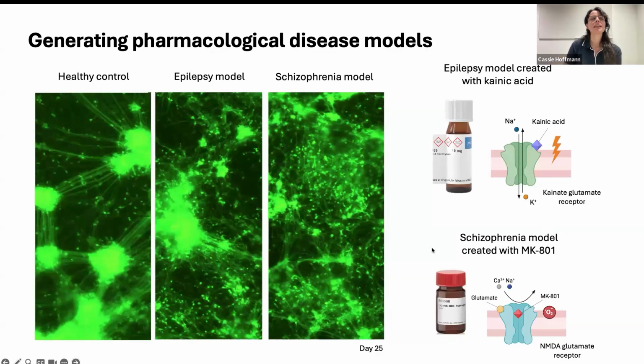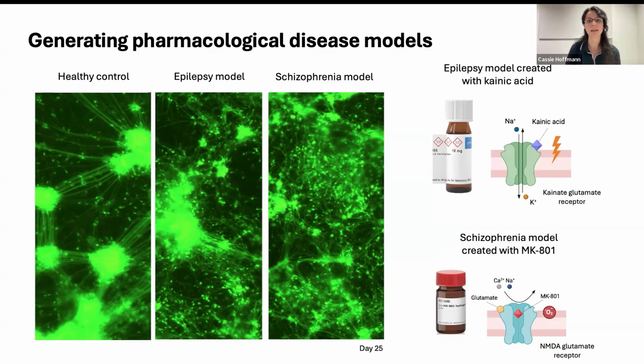So I wanted to see whether I could use this network reconstruction method for disease phenotyping. So I generated 2 disease models, an epilepsy model and a schizophrenia model. The idea with pharmacological disease modeling is your target drug specifically perturbs molecular pathways that are implicated in the pathology of the disease.